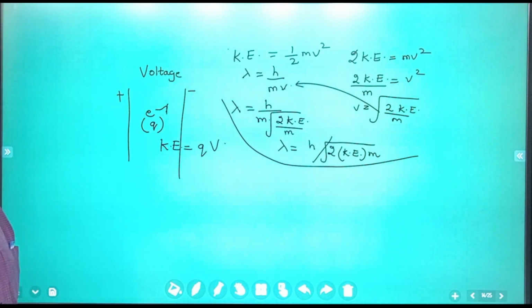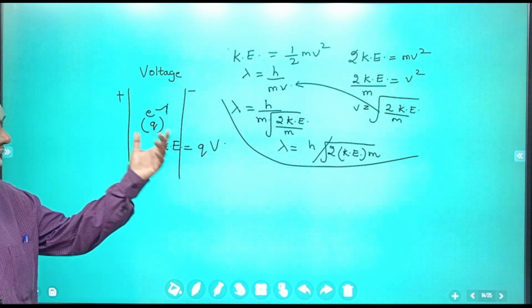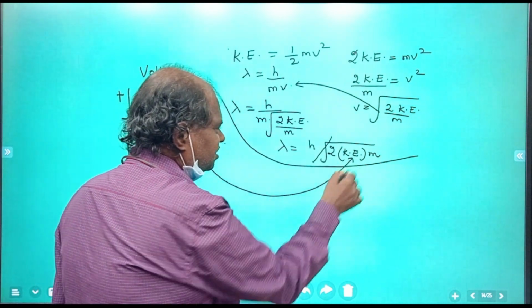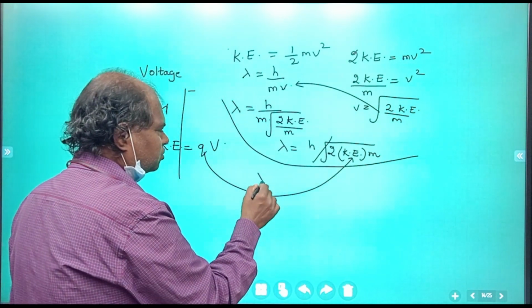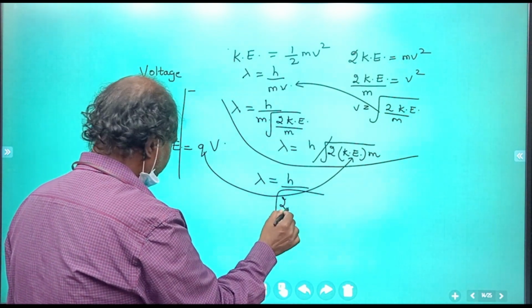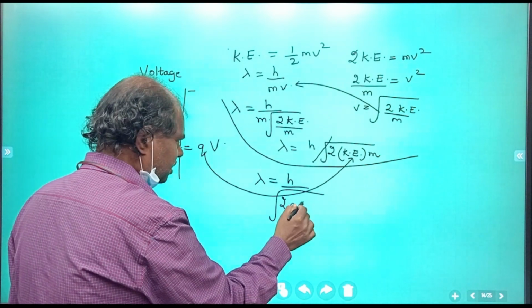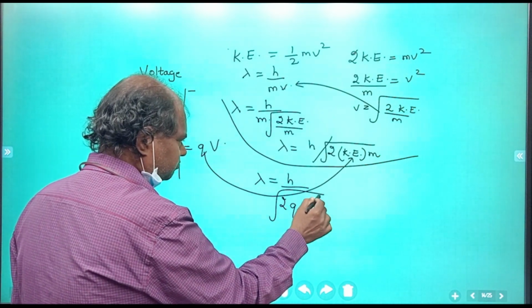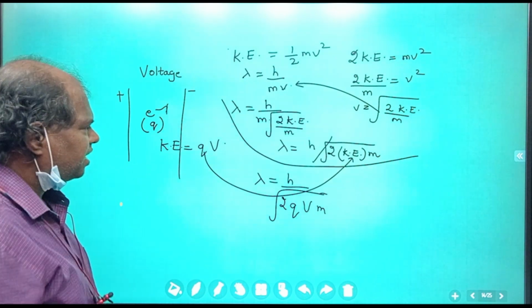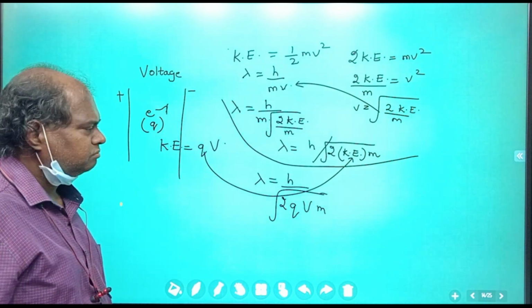Fine. Charge into voltage. So what you have to do is just substitute this kinetic energy here and you will get the answer. So what is lambda equal to? Tell me. h by root of 2 into Q into V into m. So this will be the formula you will get. Just substitute that kinetic energy expression there.